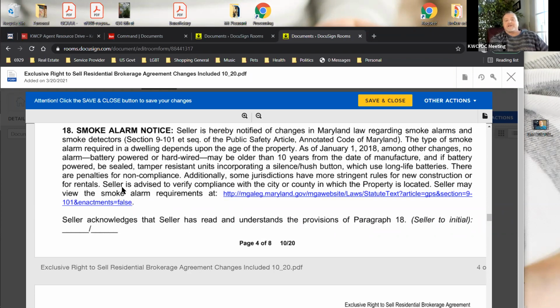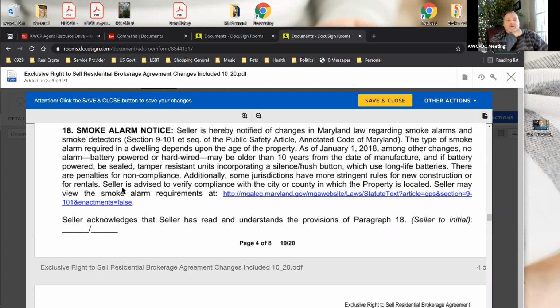It's clearly stating that the seller is obligated to verify their compliance. And the sales contract, whenever we get a buyer, is actually going to require that they have complied. And if they didn't comply, then the seller is in violation and could be in default of that contract. And a default like that could cause a delay in settlement.